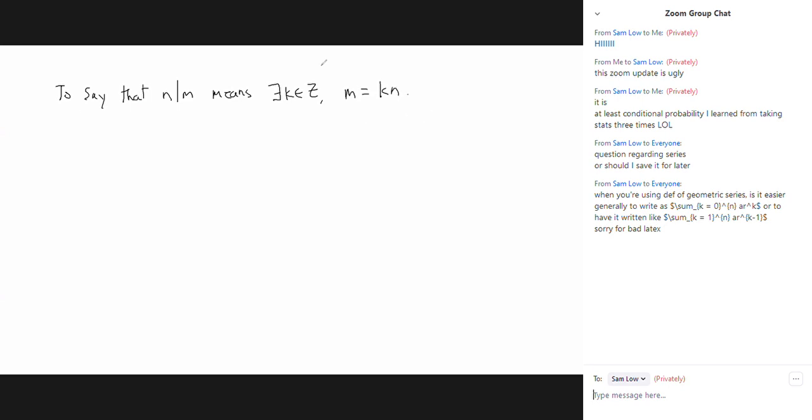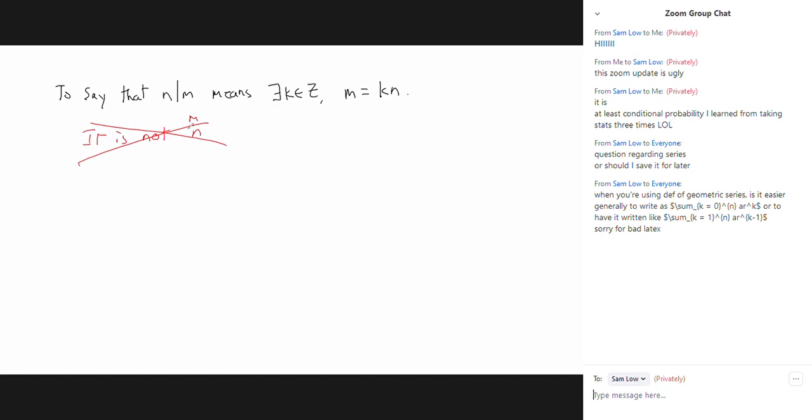Okay, it is not anything like this. If you start to write anything something over something when you're working in these integers, stop yourself. Okay, that's not our definition.